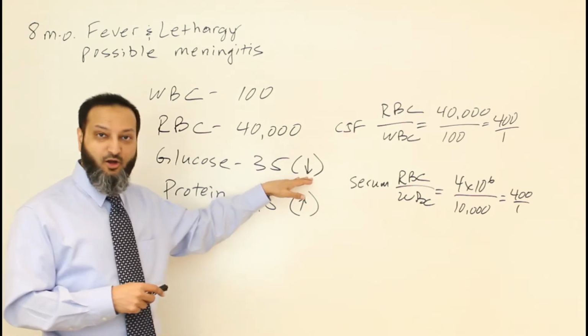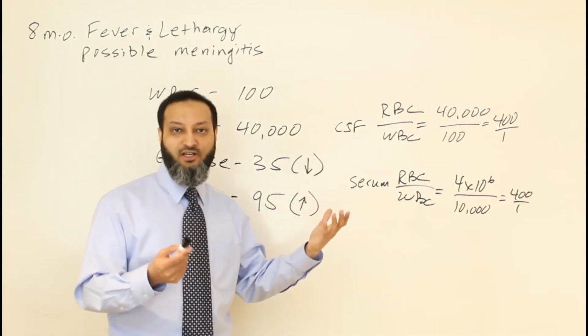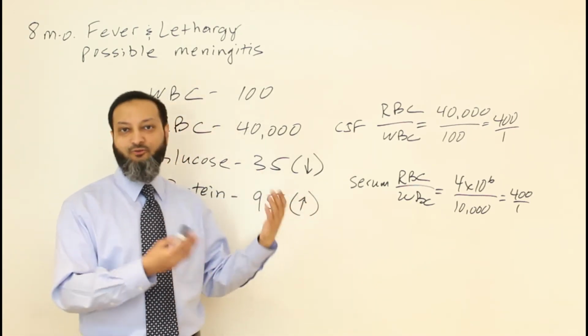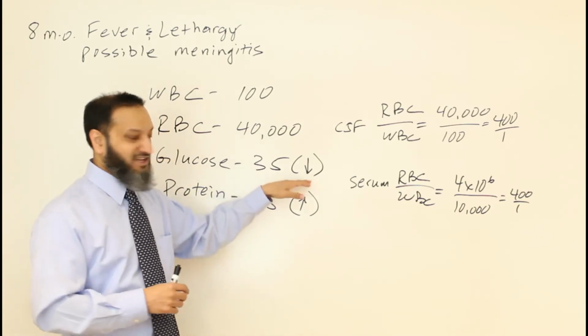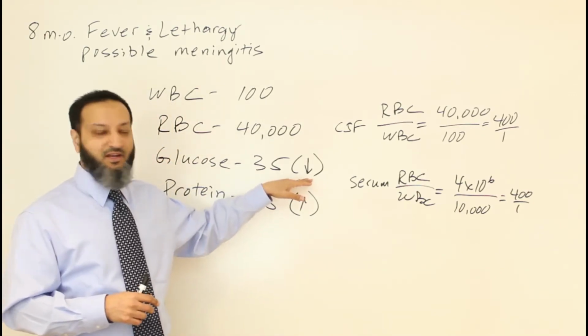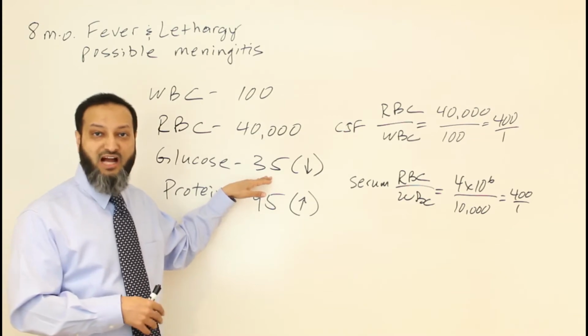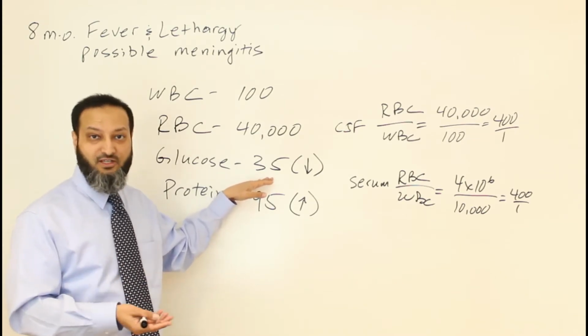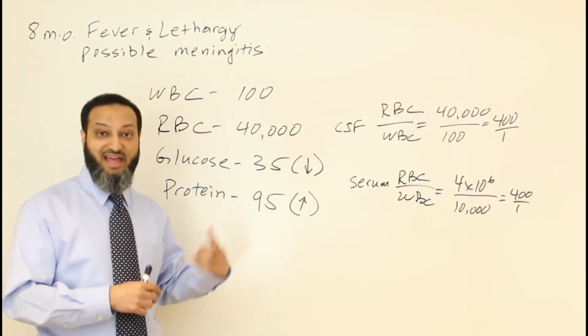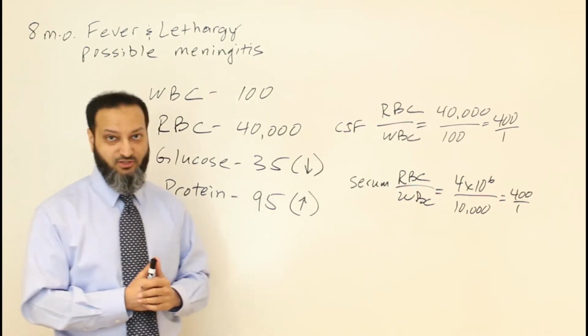It's being flagged as low because the laboratory normal value is maybe 40 or 45, so the lab is flagging it in red and saying it's low, but in reality this is not low for this child because the serum glucose is 70 and this 35 is based on that. So that's an important thing to consider as well.